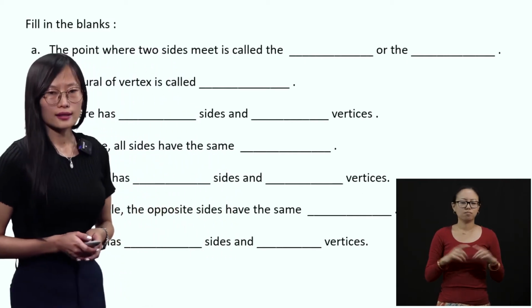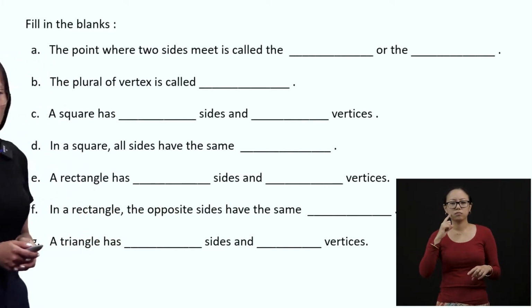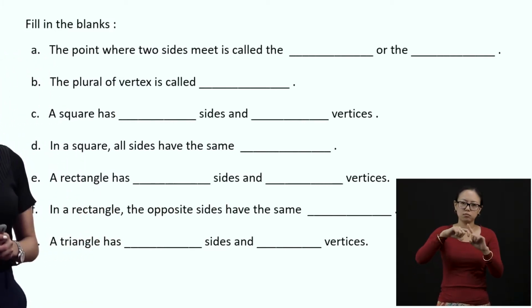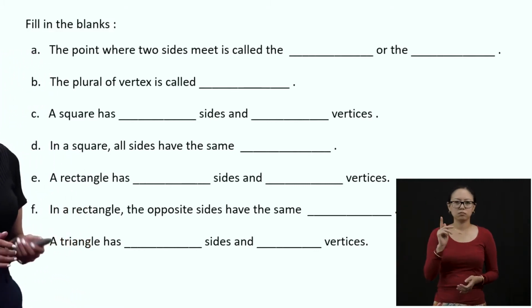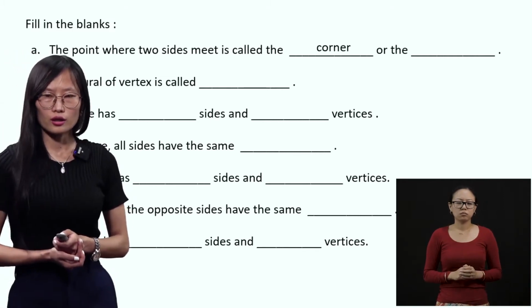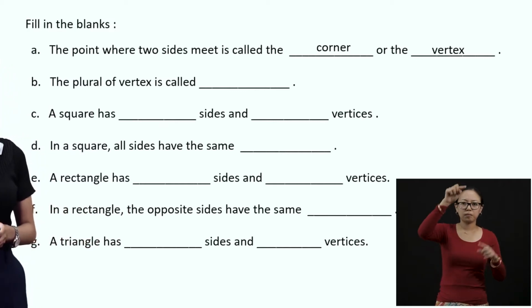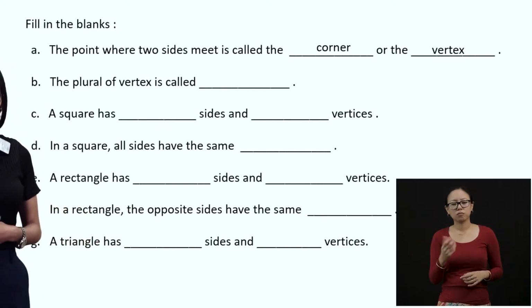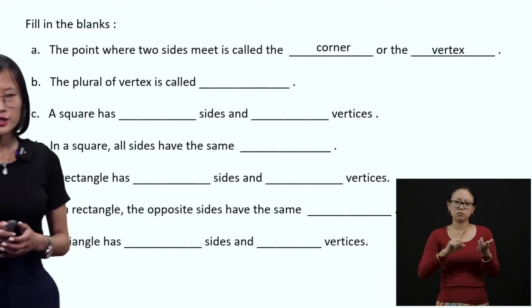Coming to that, let's do one exercise. Let's fill in the blanks. The first one: the point where two sides meet is called the corner or the vertex. Now B, the plural of vertex is called, what did I mention?